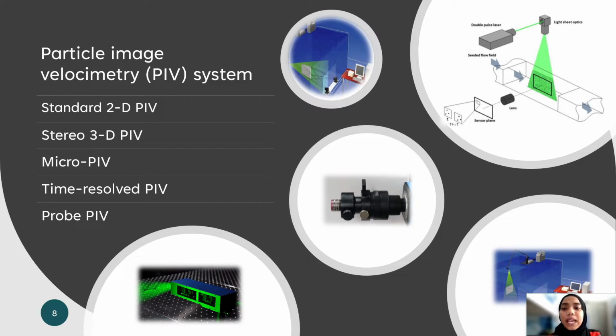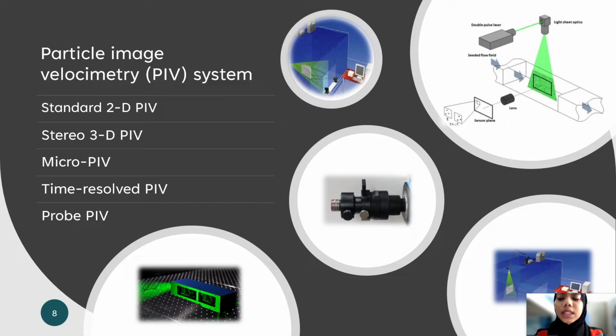So move to the PIV system, or particle image velocimetry. It is an optical, non-invasive technique, commonly used to visualize 3D flow fields, and it simultaneously measures the velocity field of an entire region within a flow.